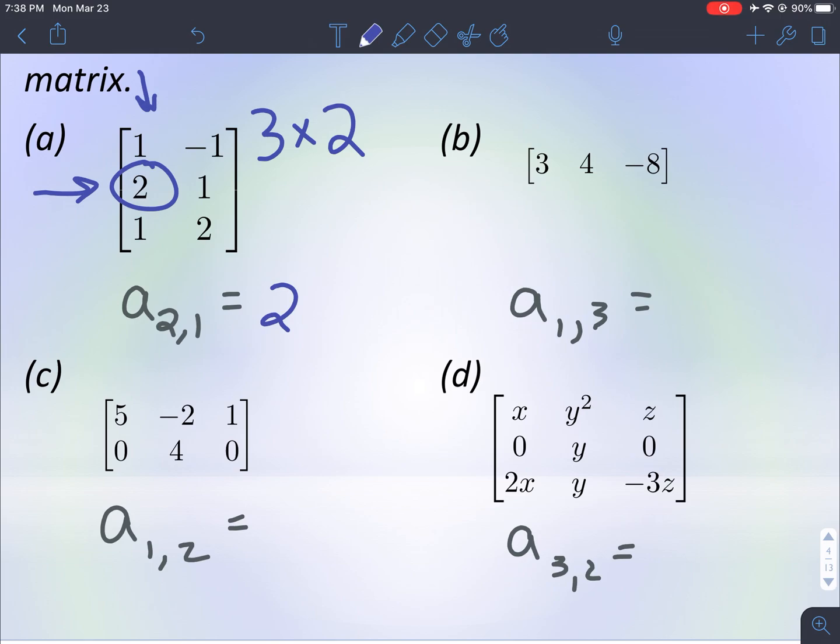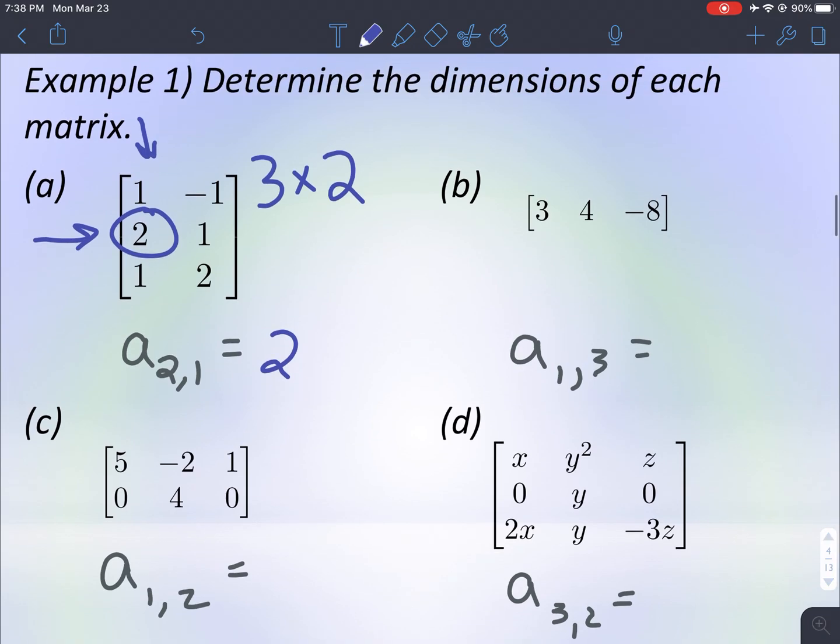Part B, 3, 4, 8. That looks like a vector, which we studied in a previous lesson. So this particular matrix is 1 row and 3 columns, 1 by 3. a, 1, 3 is going to be -8.